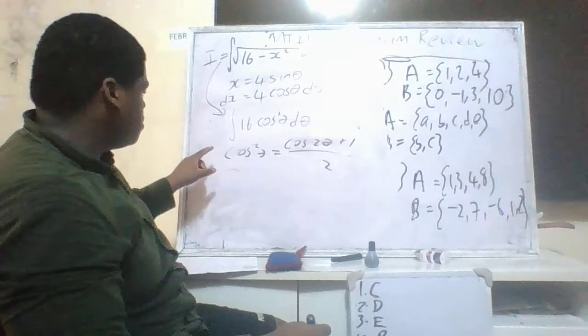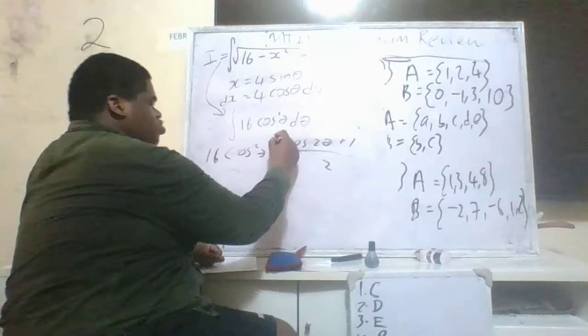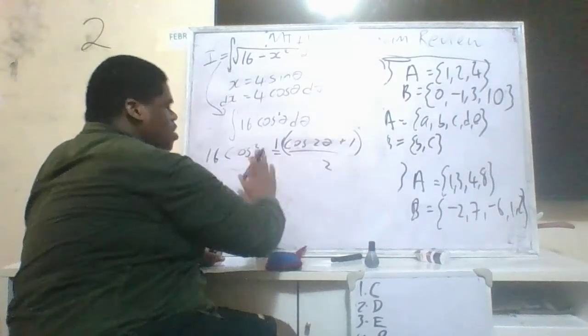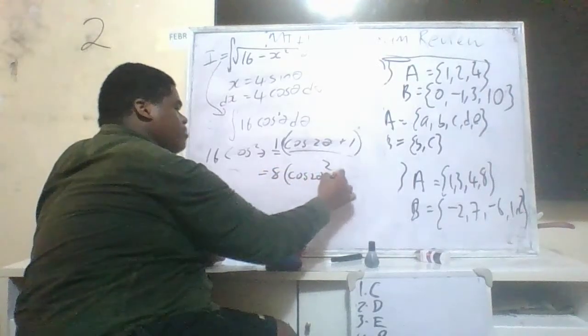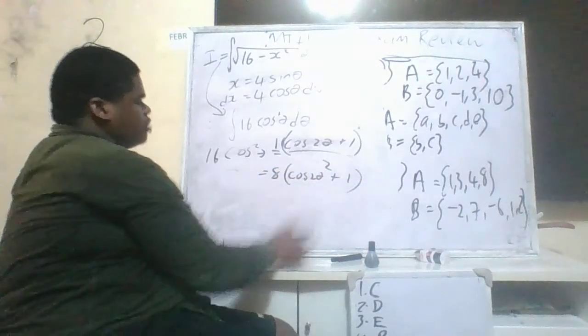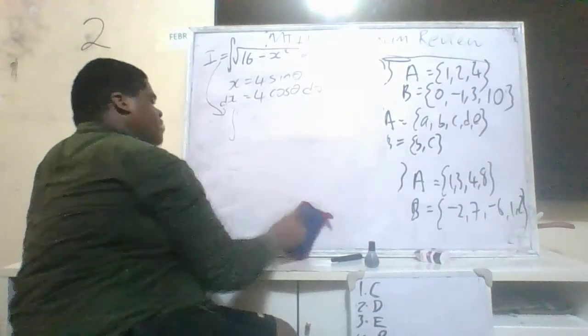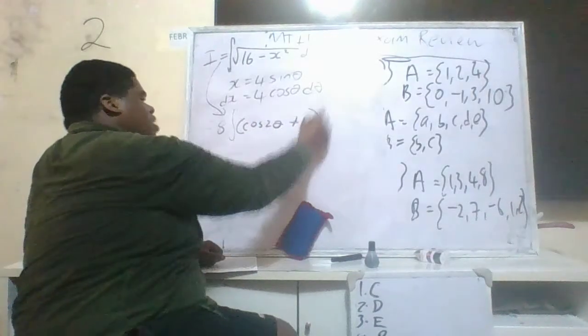Now multiply this by 16. If you multiply this by 16, this will be 16 times cos 2 theta plus 1 divided by 2, which simplifies to 8 times cos 2 theta plus 1. So I'm now going to put 8 cos 2 theta plus 1 into this integral. So we have 8 times cos 2 theta plus 1 d theta.